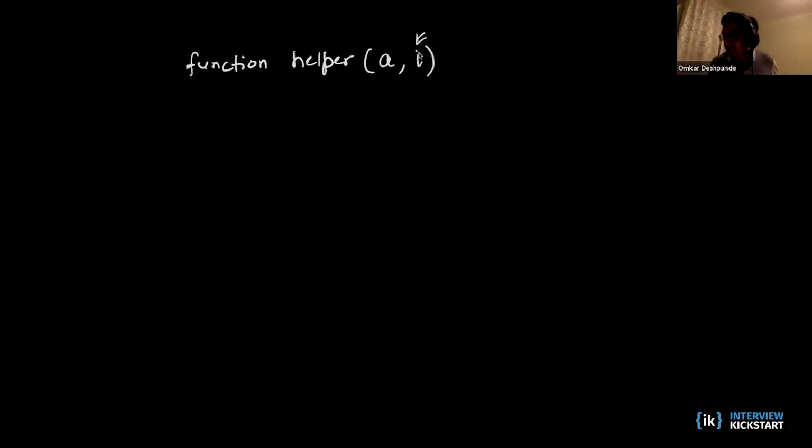Let's say amount A is the amount to be constructed, and the coins array is globally accessible here. Otherwise you would just pass it as a parameter. So that's the subproblem definition.